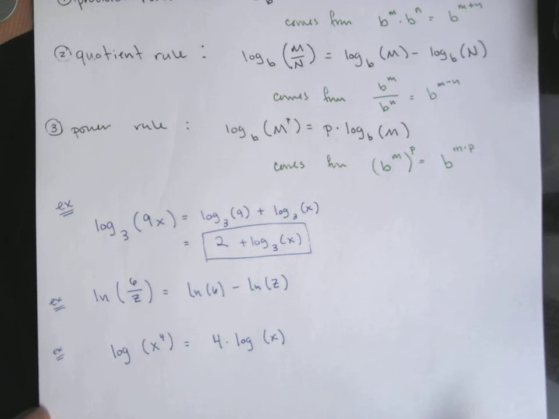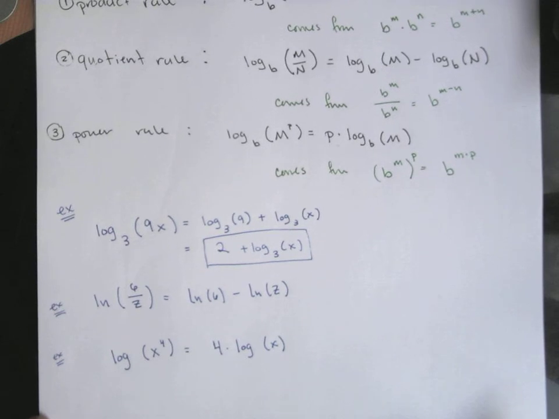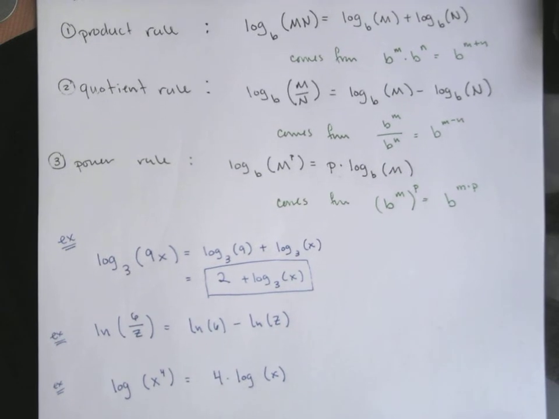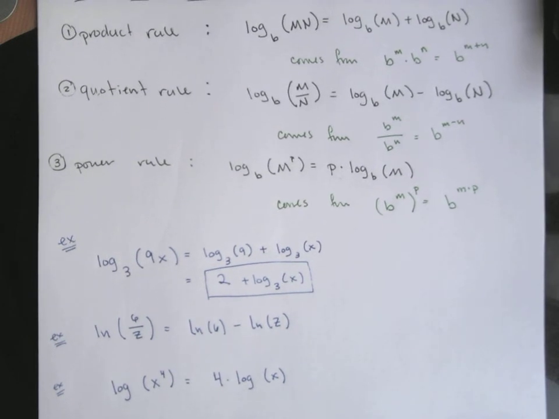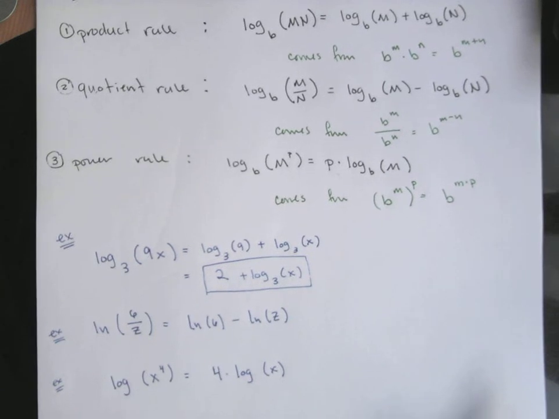The more interesting things will happen when we start to combine them together. And what I said before is that we're going to be taking these rules and running them both from left to right, but also from right to left. Maybe I should show you some right to left examples just so you've seen that too.